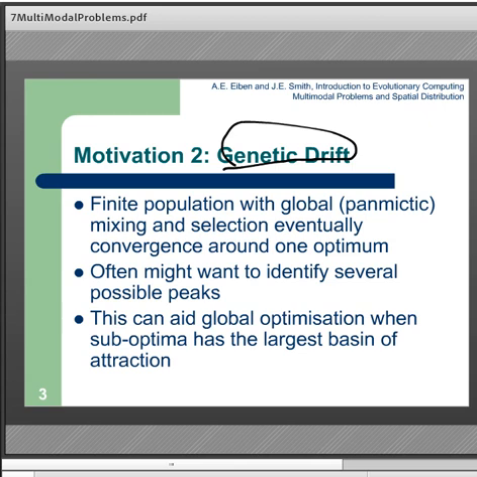This is named as genetic drift. So genetic drift is one of the disadvantages that causes us to miss some good genes because of the random behavior of EA.